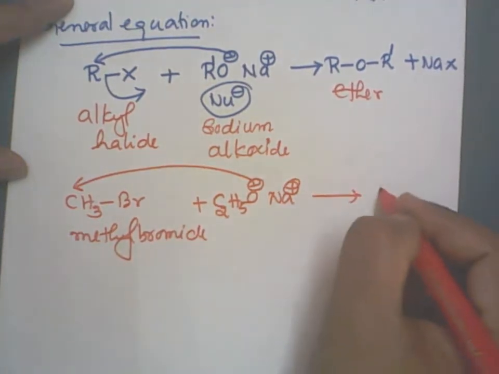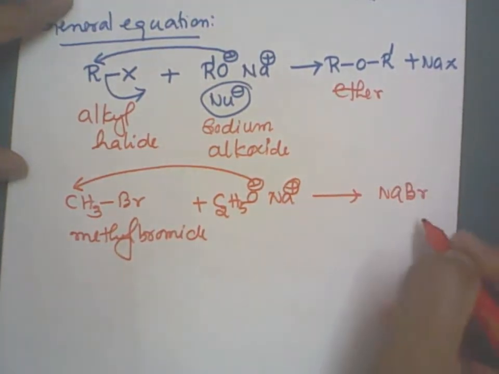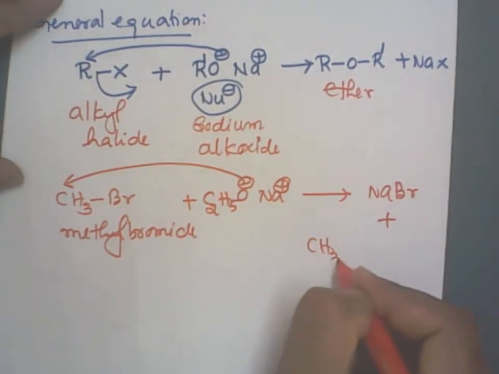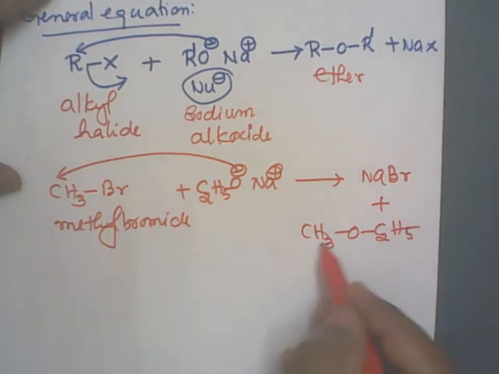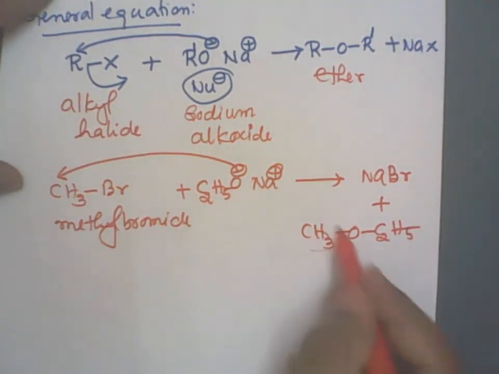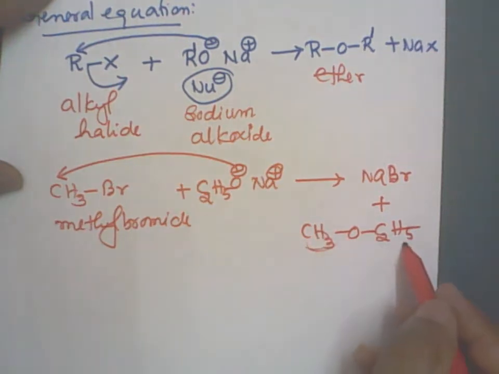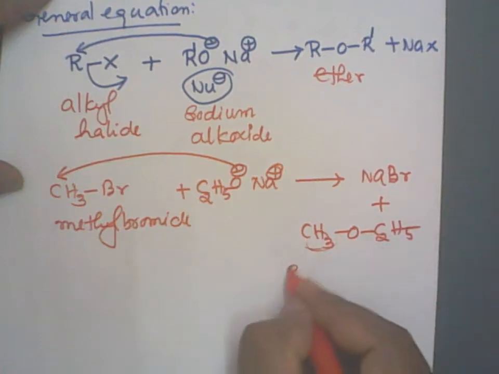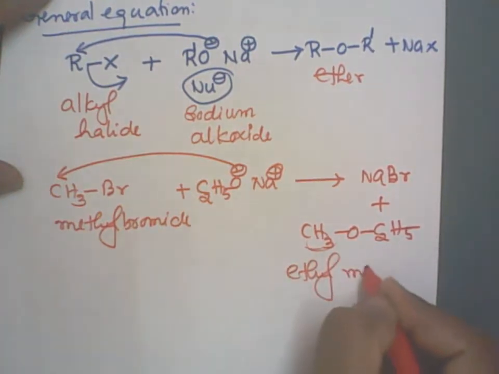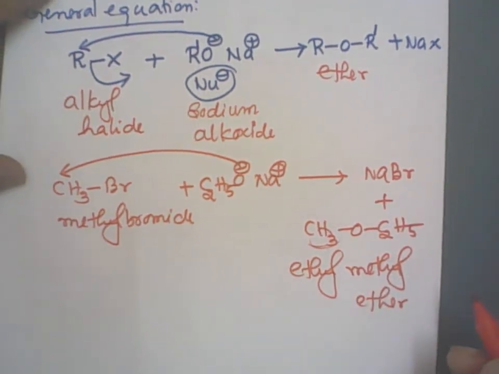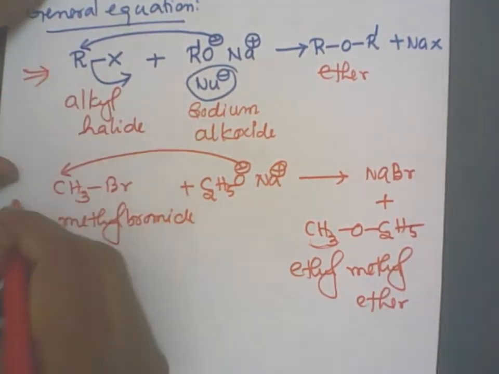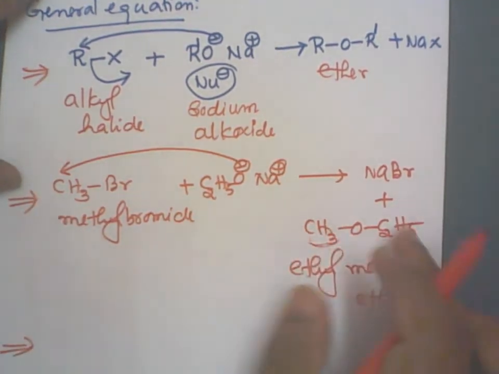So the side product is sodium bromide, that I'll write first, plus CH3OC2H5 together. This is the methyl part, and this is ethyl. Alphabetical order: E comes first. So it is ethyl methyl ether.